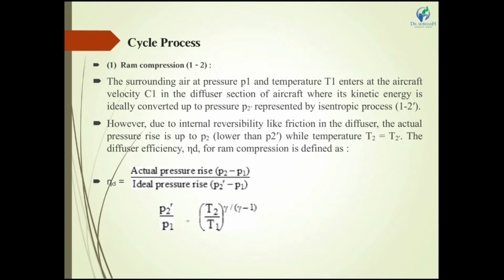The kinetic energy is ideally converted into pressure energy in an isentropic process, known as ram pressure. However, due to irreversibility like friction in the diffuser, the actual pressure rise is only up to pressure P2, which is lower than P2 dash.